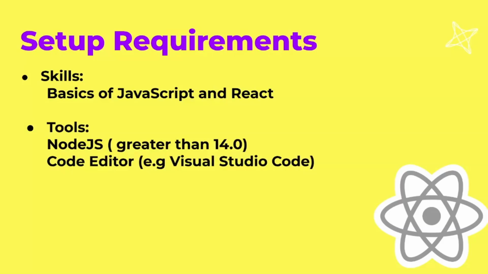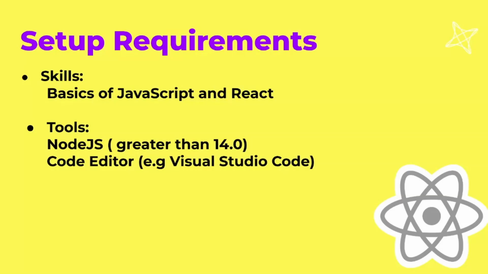For the tools that you need for development, if you're working with Expo, you're going to need Node.js and a code editor like Visual Studio Code or whatever code editor you like. I'm going to show you how to install and set up Node.js in the next lesson.